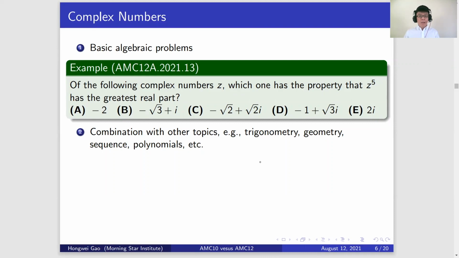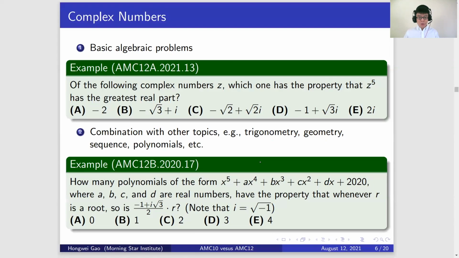Furthermore, a complex number may appear as a solution in polynomial equations. Here, let me give you one example concerning the roots of a polynomial with real coefficients. This problem is based on the relationship between the conjugation of the whole equation and the conjugation of its solutions.